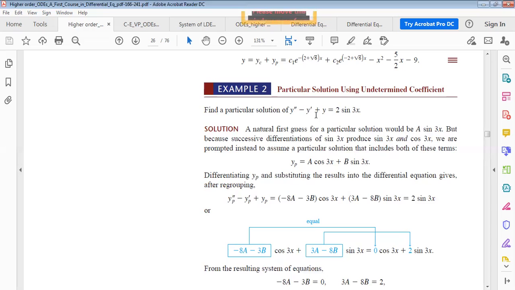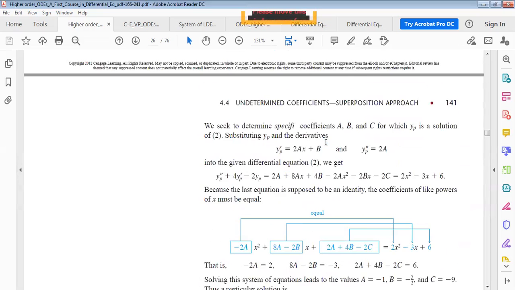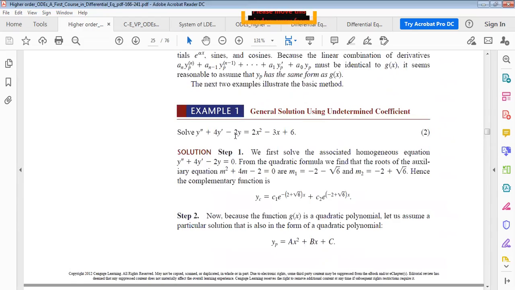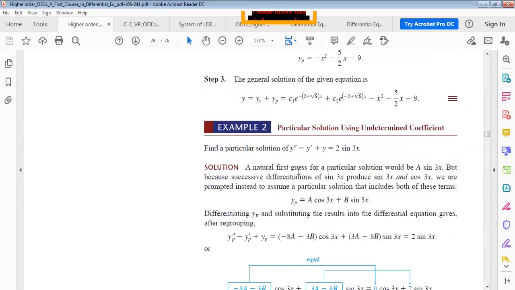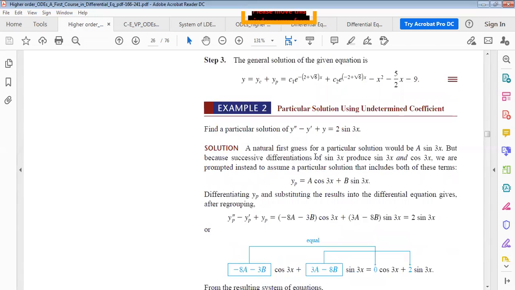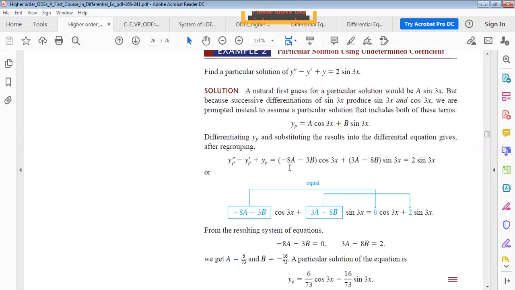But for y double dash minus y dash plus y, as in the previous method, we can write the complementary function: m square minus m plus 1 equals 0. Then we write the particular integral.